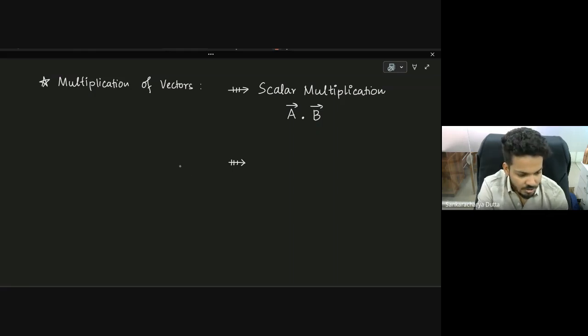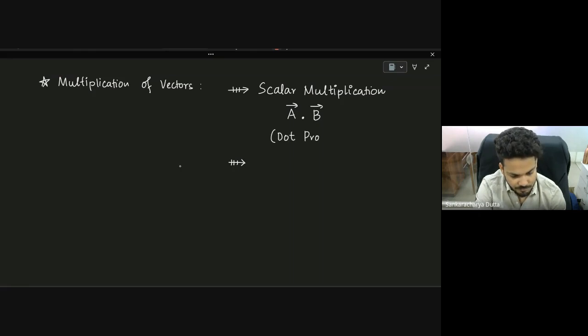So in scalar multiplication, you are multiplying force, which is a vector quantity, and displacement, which is a vector quantity, but you're getting a scalar value which has no direction. So that kind of multiplication is known as scalar multiplication or dot product.